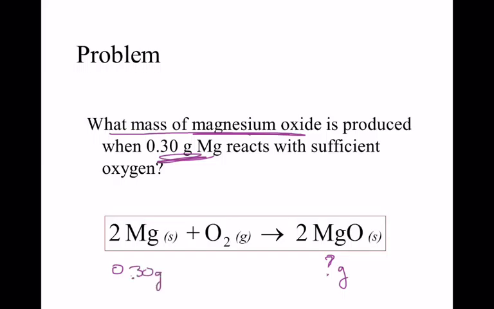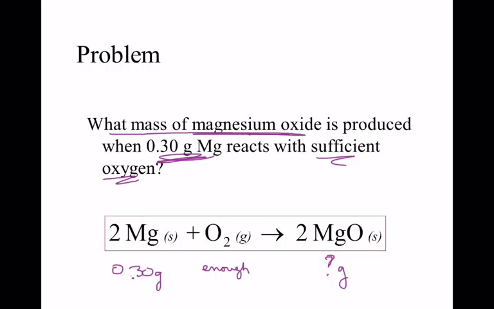And this one says sufficient oxygen. We'll talk more about that on Monday. So under the oxygen, I'm going to put sufficient. We're not going to run out of O2. We just did a calculation that says you need at least 0.20 grams of O2, and we have at least that much.